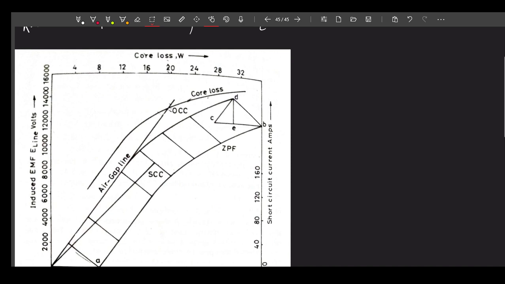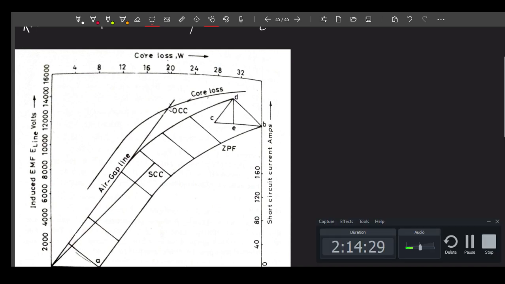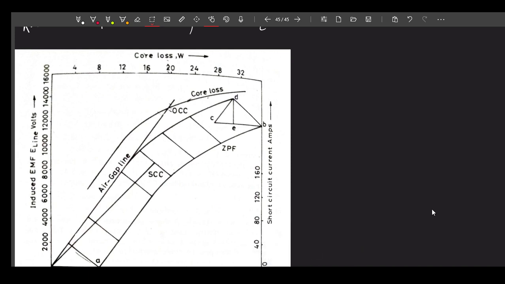First of all, we must understand that, well, you may argue that this is the image we used for describing a cylindrical rotor synchronous machine problem, but it is not a big deal, because in your machine all these characteristics, OCC, SCC and zero power factor, are actually free from your quadrature axis representation.